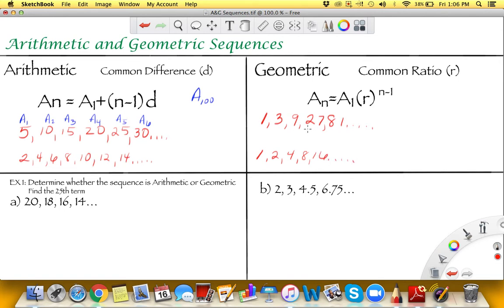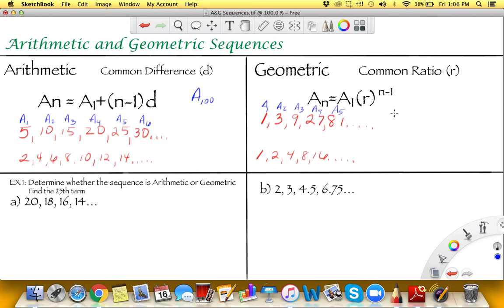Notice in this first one, we're multiplying each term by 3, and here we're multiplying each term by 2. So that is how a geometric sequence looks. It's still the same thing in regards to the terms. This is the first term, the second term, the third term, fourth term, and the fifth term.